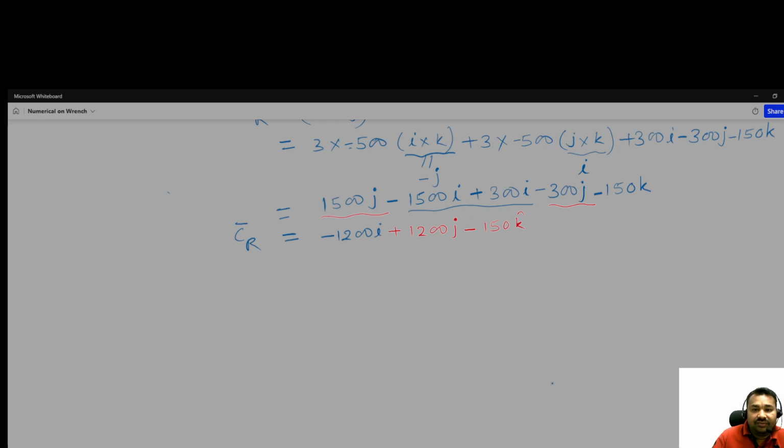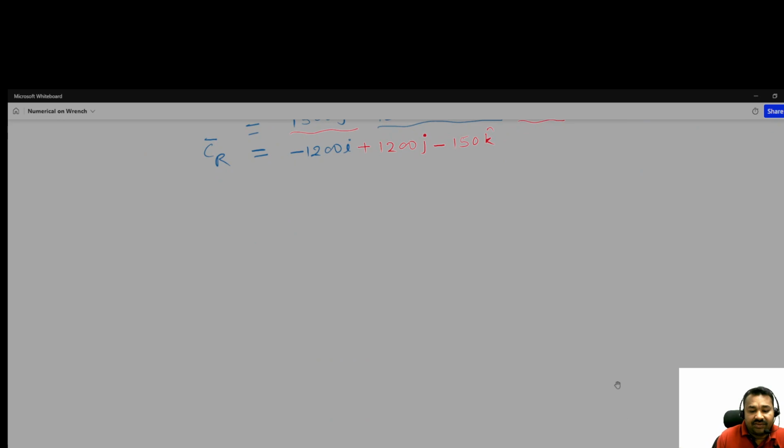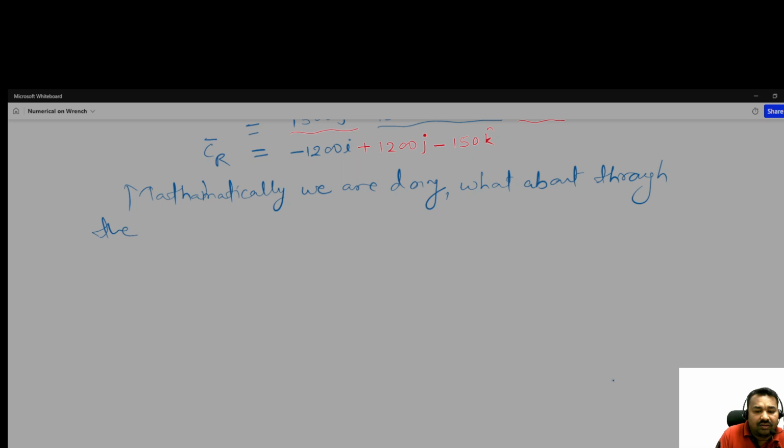Now let us show it through the diagram. Mathematically we have shown it, now how to represent it in the figure.